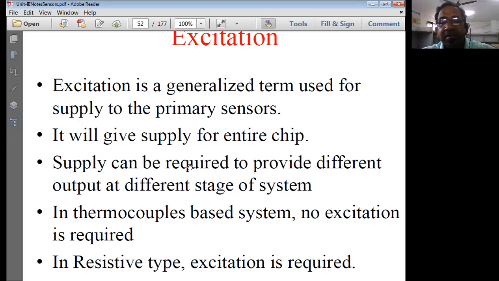Therefore, the supplies can be required to provide different outputs at different stages of systems. That means the same supply is normally applied to the different systems, which provide different outputs at different stages.